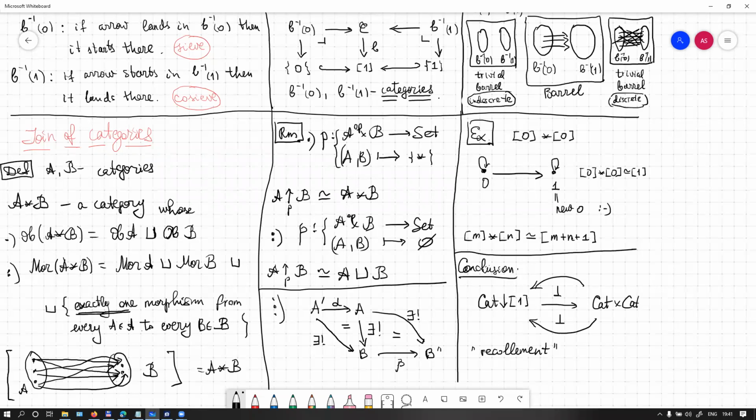So it's a triple of functors that are adjoint to each other, as I remember. And such triples of functors quite often occur in math. But it's just one of their examples of recollement.